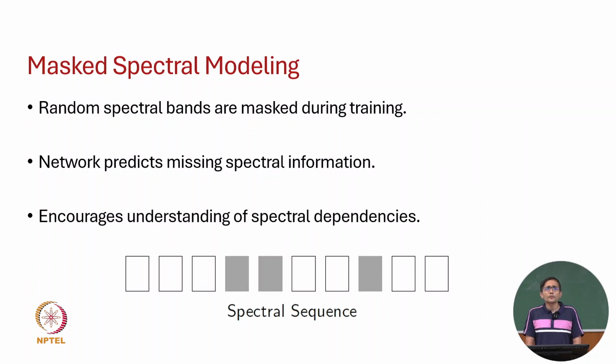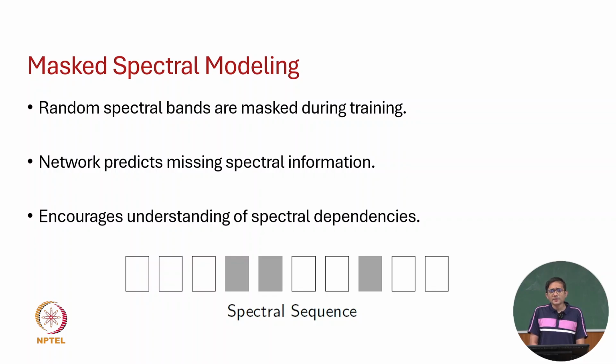Similarly, we can apply masked spectral modeling. We can randomly mask spectral bands during the training, and the network predicts this missing spectral information. This encourages understanding of spectral dependencies.